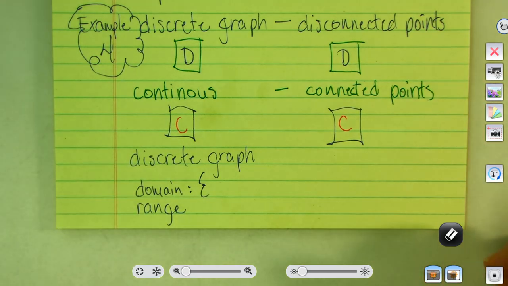Now, the domain, yesterday, by definition, is the first coordinate of the ordered pair. Now, for typical graphs, we'll label the horizontal axis, the x-axis, that's the first coordinate, and the second coordinate we'll label as the y-axis or the vertical axis.